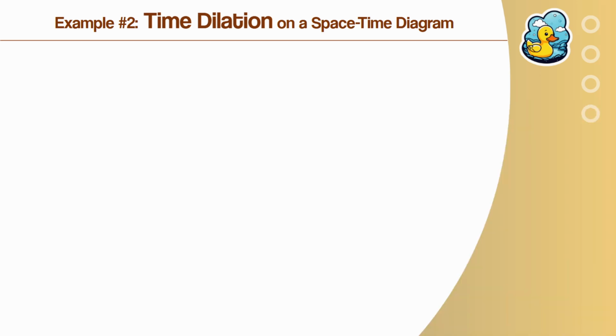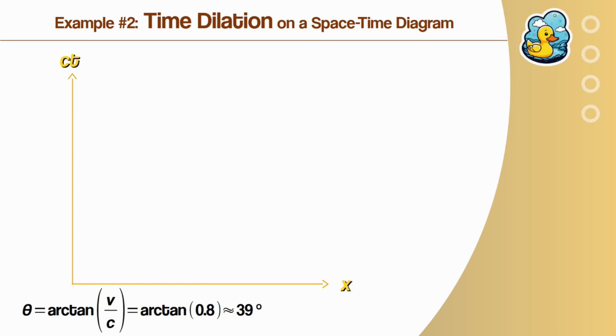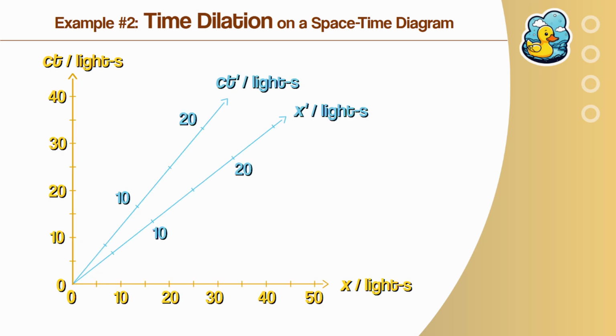We draw the Earth frame with position on the horizontal axis and CT on the vertical. The spaceship's worldline has a slope of arctangent of 0.8. Mark 2 clock ticks on the spaceship's worldline, separated by 10 light seconds following the scaling. Or it could be, of course, any interval. Now read the time interval vertically, in Earth's frame.